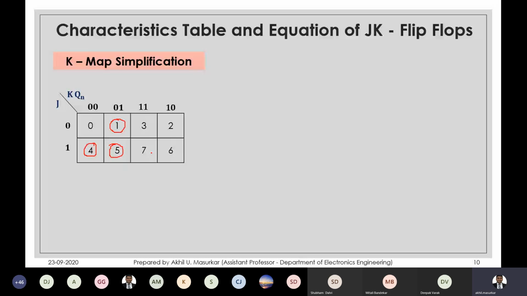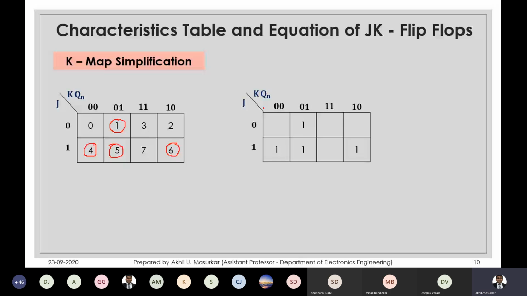For 6, Qn plus 1 is 1, and 7 is 0. So this is how the output is. Please note there are no don't cares because there are no forbidden conditions.